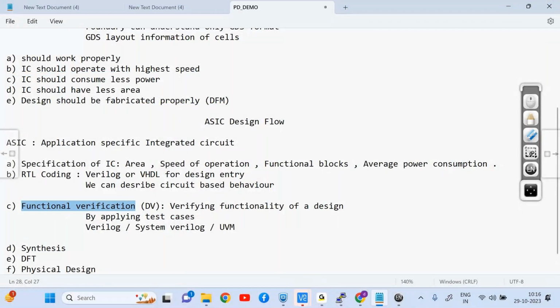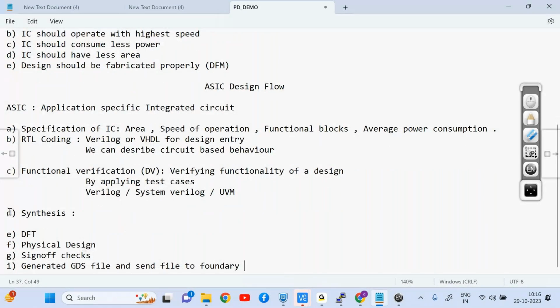That is the front end part. We are not bothered about it, but we should understand that the design is in behavioral form. This behavioral form design, my foundry can't understand. Next, I have to convert it into circuit level or gate level. For converting a behavioral form design to gate level, we have synthesis.